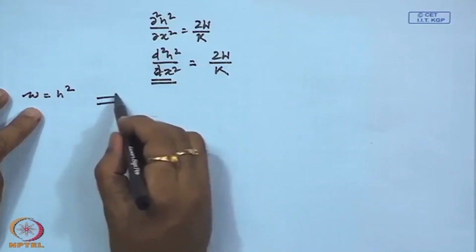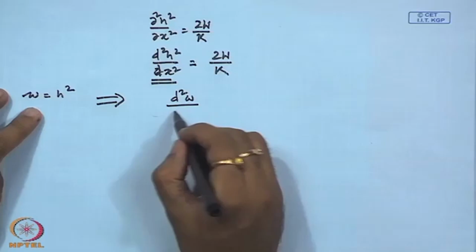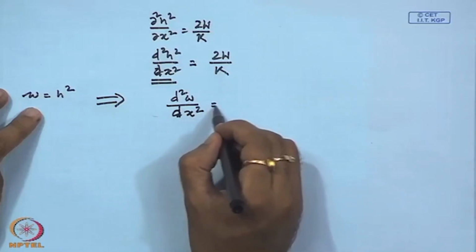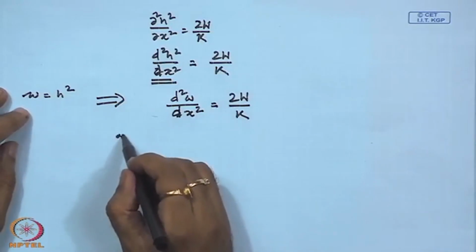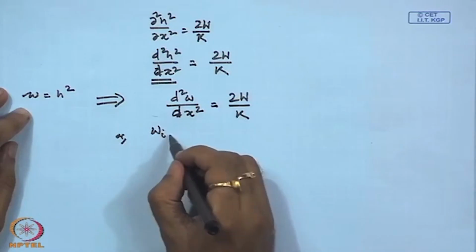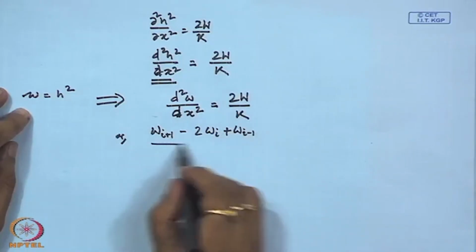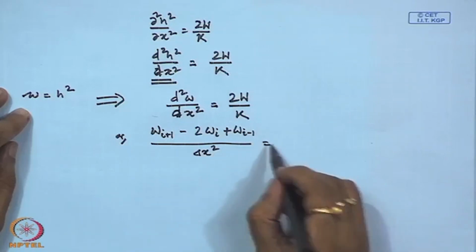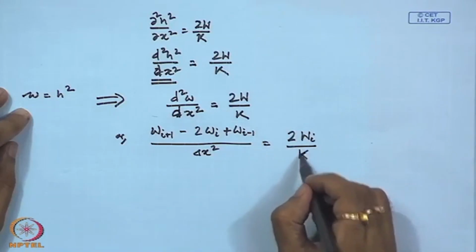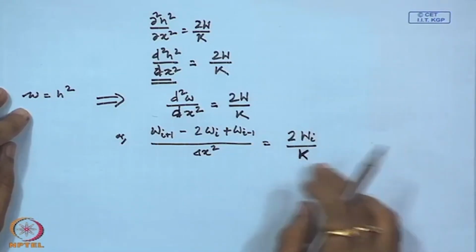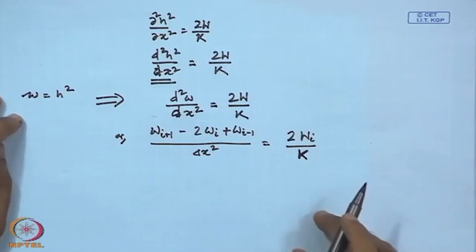With this substitution, our final equation will look like d 2 w by d x 2 equals 2 W by K, and finally, if we apply the finite difference method, we can write it as w i plus 1 minus 2 w i plus w i minus 1 divided by del x square, and on the right hand side it will be 2 W i divided by K. We are using a single K value for the whole domain because we have considered that the aquifer is homogeneous in nature.